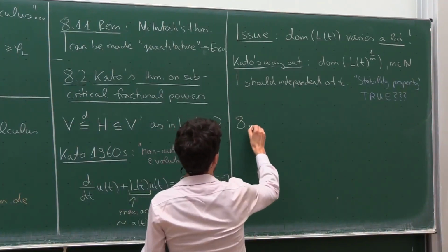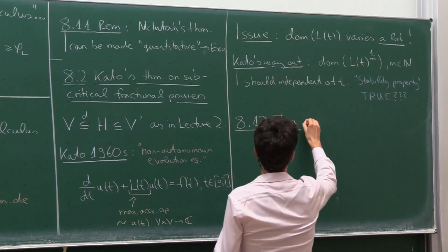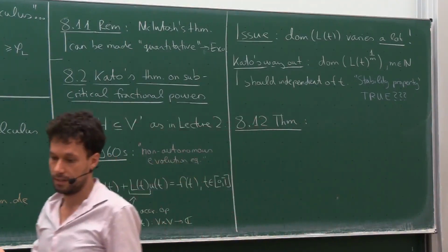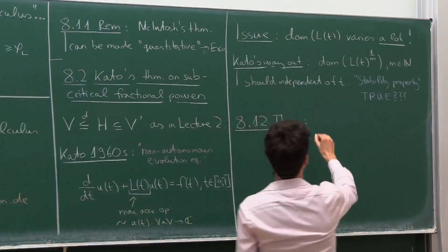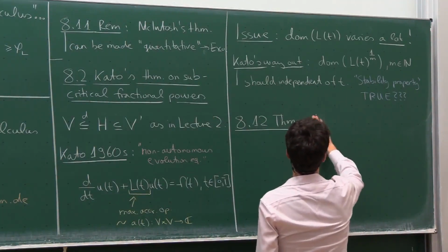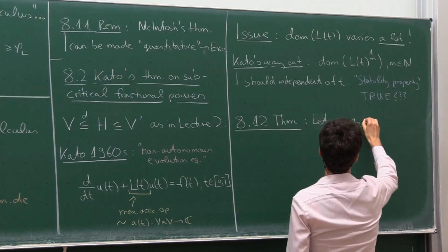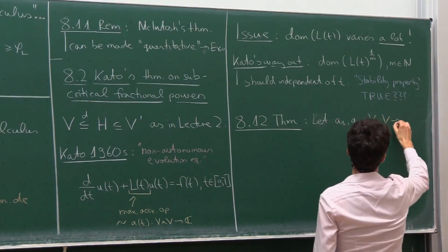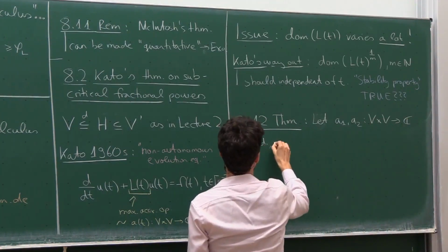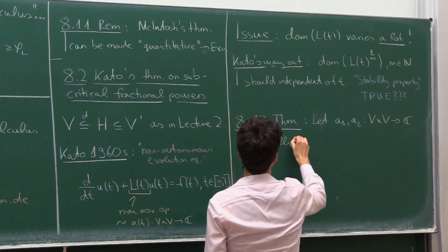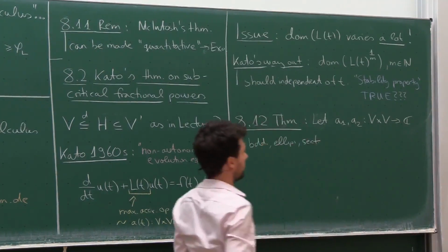Okay, so 8.12, the following theorem. I assume that A1, A2 on V are two bounded elliptic sectorial sesquilinear forms.